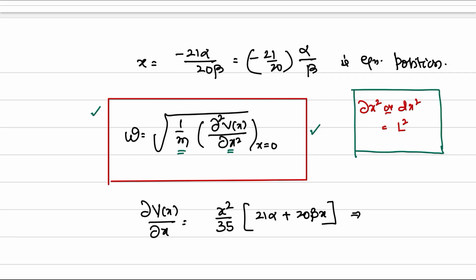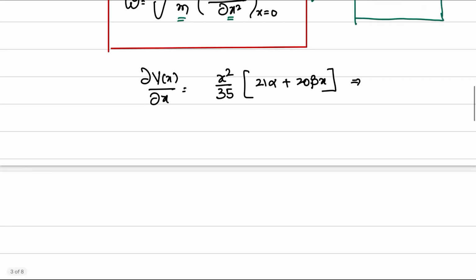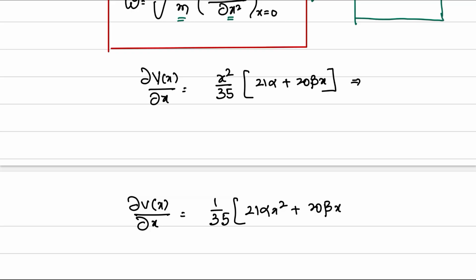Now this can be written as ∂Vx/∂x = 1/35 into (21 alpha x squared + 20 beta x cubed).